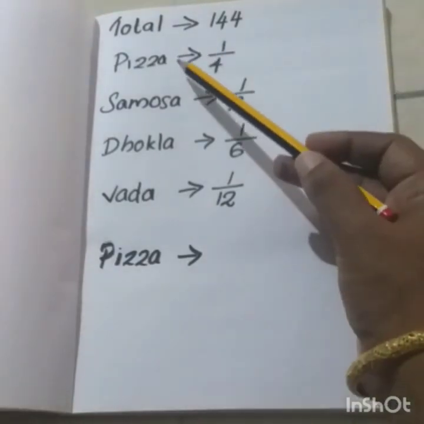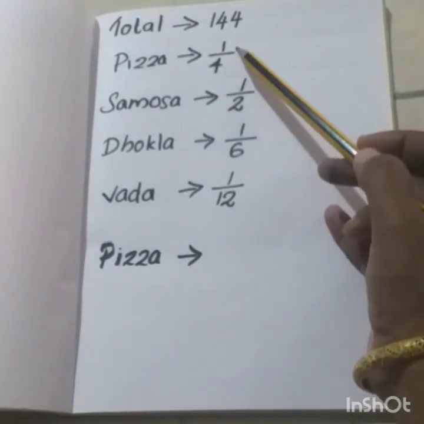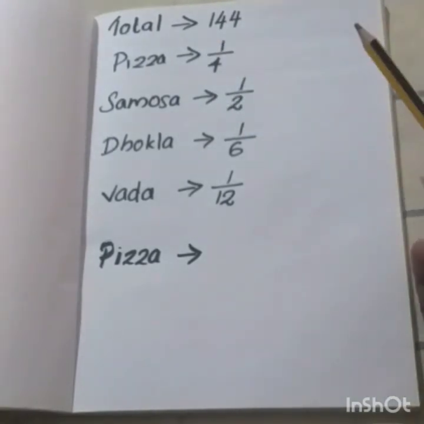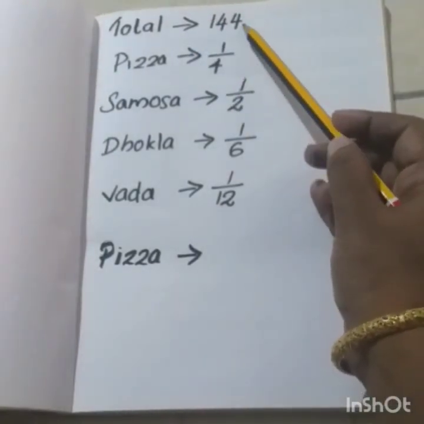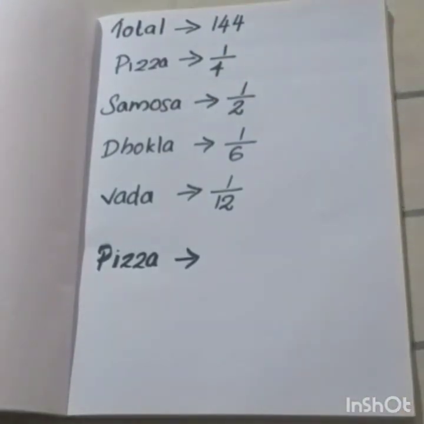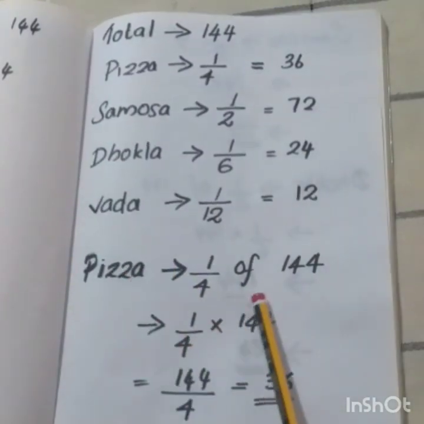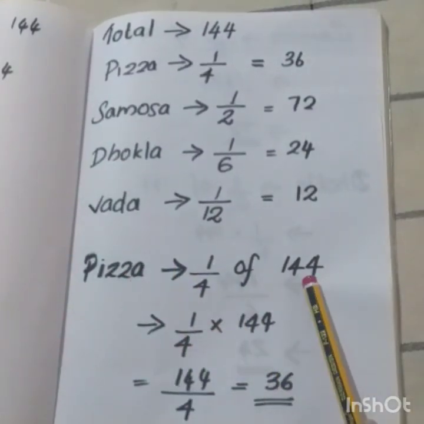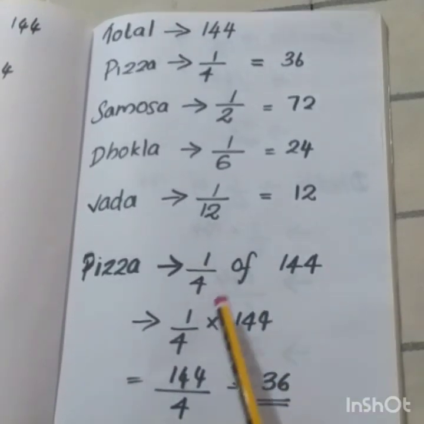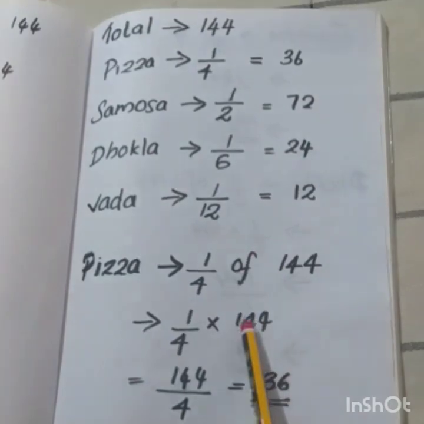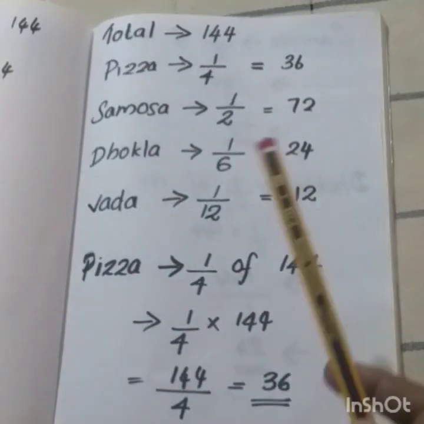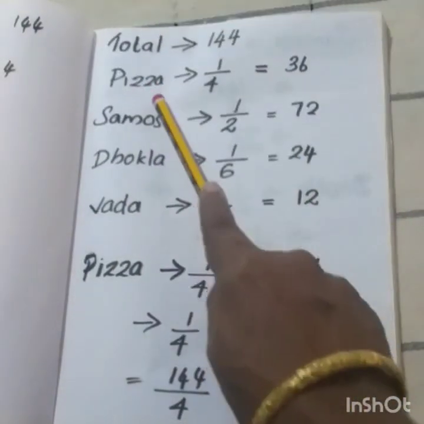So first consider pizza. Here pizza is liked by 1 by 4 of the total people, isn't it? What is the total here? 144. So we have 1 by 4 of 144. This 'of' means multiplication. That is, total we have 144 people. Out of these 144 people, 1 by 4 of the part like pizza.